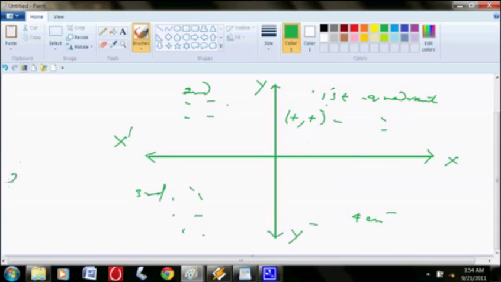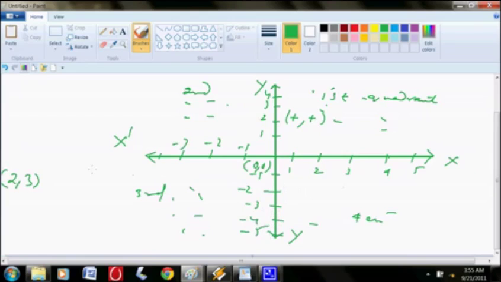So if I give you a point like 2, 3, this is the origin. This is 1, 2, 3, 4, 5. This is minus 1, minus 2, minus 3, minus 4, and so on. Again 1, 2, 3, 4, and 5, like that, and minus 1, minus 2, minus 3, minus 4, and minus 5.